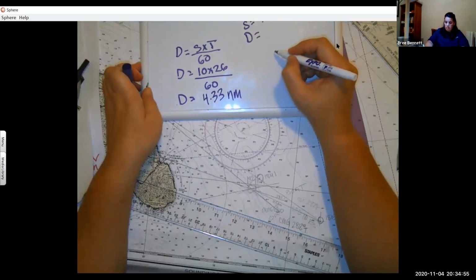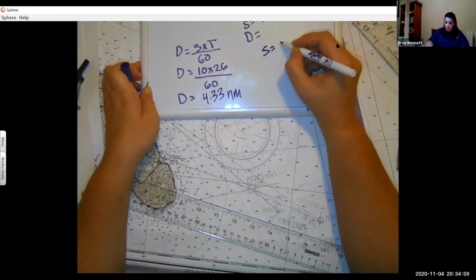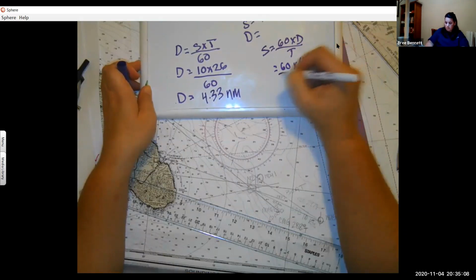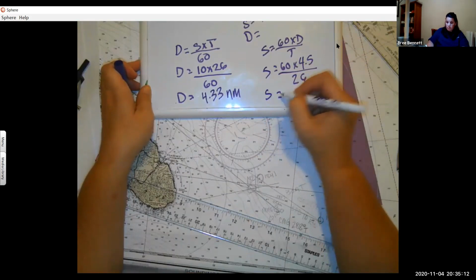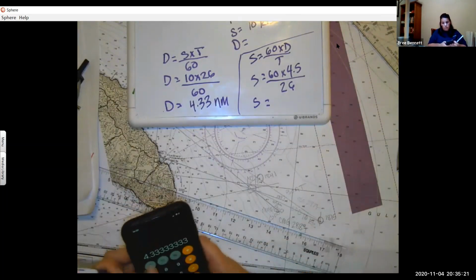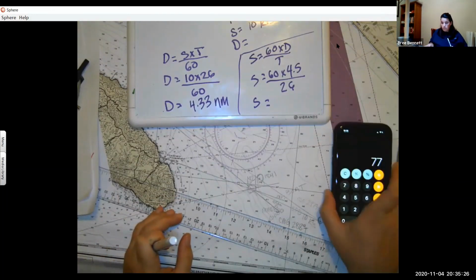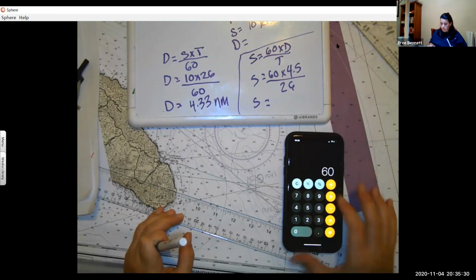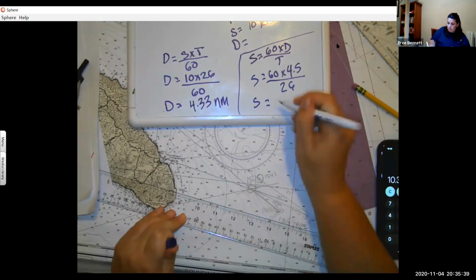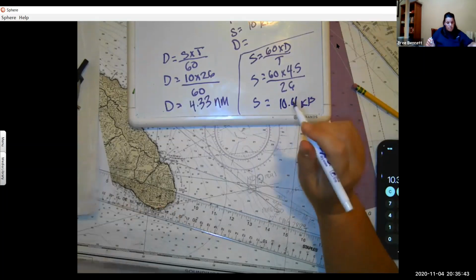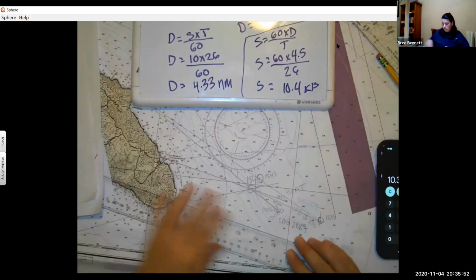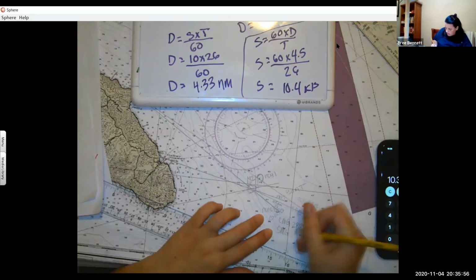Convert that into a speed. 10.4. Okay, so I got a speed made good of 10.4.